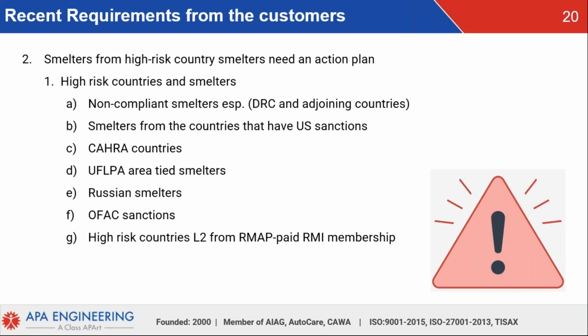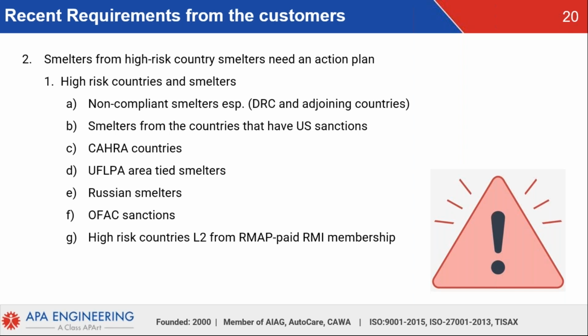For example, if the smelter is located in X state of a country, the risk is applicable to that particular state smelter only. For example, if the supplier sources the tin from Egypt, the risk is limited to the Shamal Sinai state region, not to the entire Egypt region.